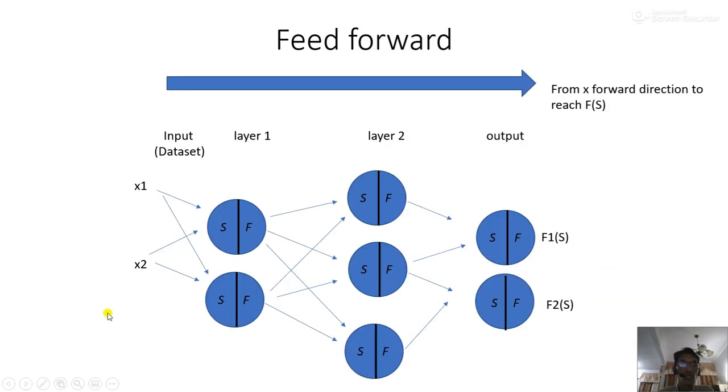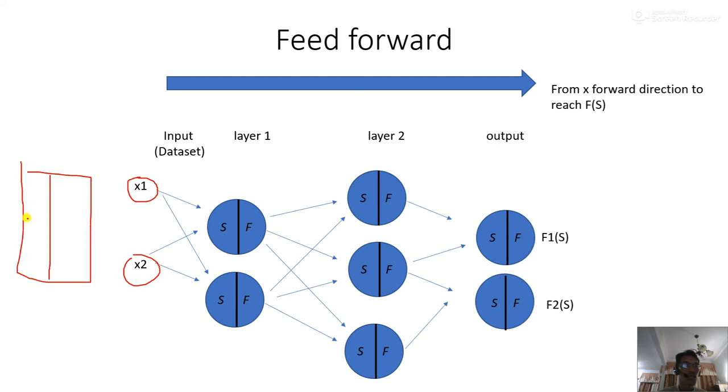We move to the next slide, feed forward. The feed forward follows the previous slide where we have x1 and x2 as the input. So you have the same thing like this, where here is x1, x2, and this is the label here. Feed forward just goes in one direction, one time.